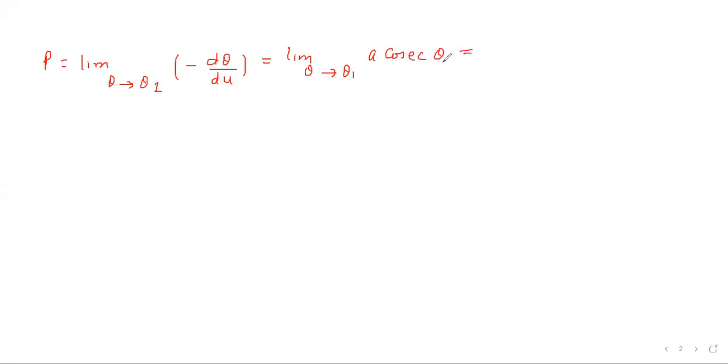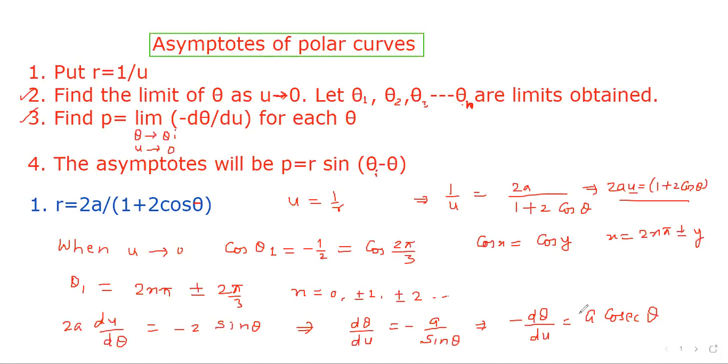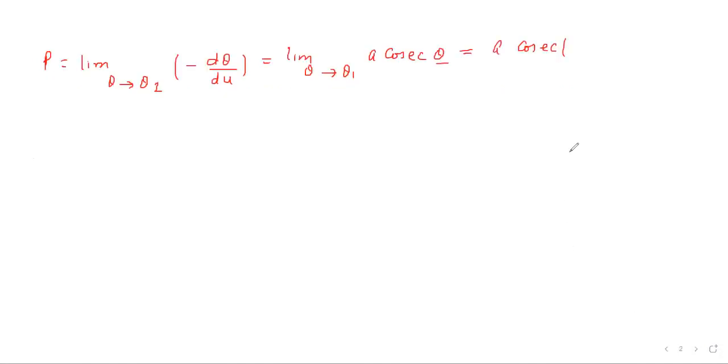And now we put the value of theta. So a cosec, and we have got the value of theta here as 2n pi plus minus 2 pi by 3. So we further simplify it.